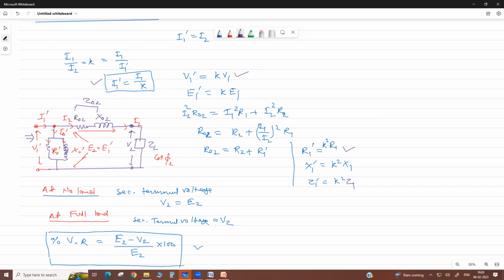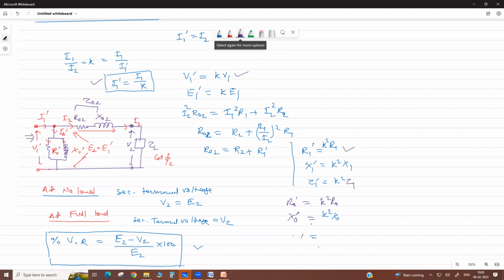Same like this also R0 dash, X0 dash, I0 dash, everything. We use K squared R0 and K squared X0.